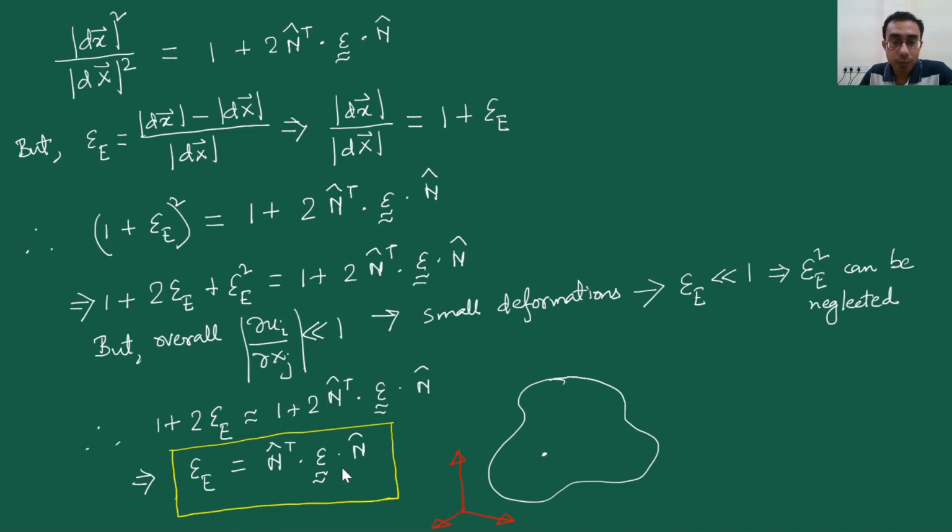This is how the connection is also established with what you have been studying earlier. In your first year classes, or maybe even in high school, you measure the initial length and the final length, and then through a little calculation you can find out the strain.